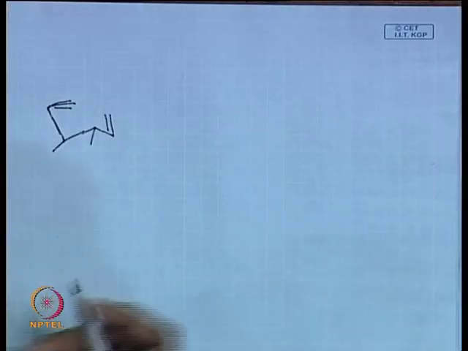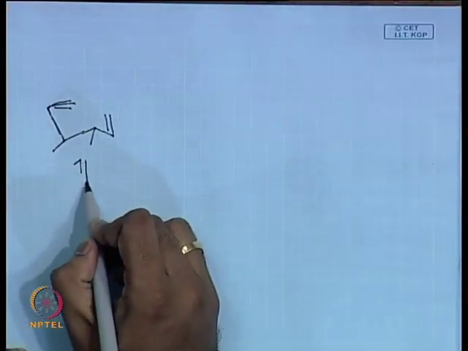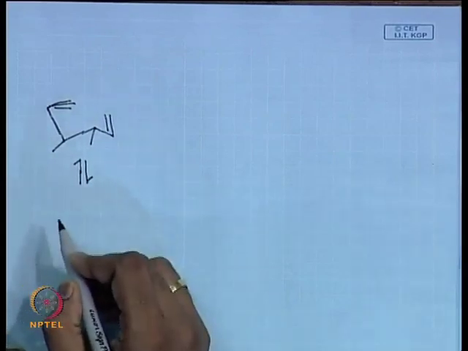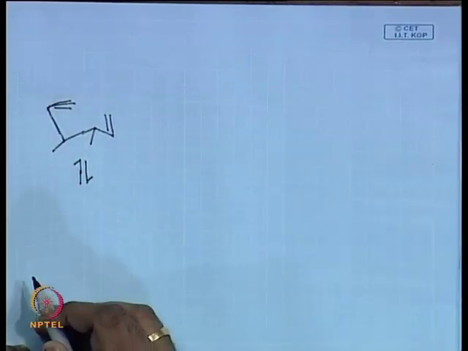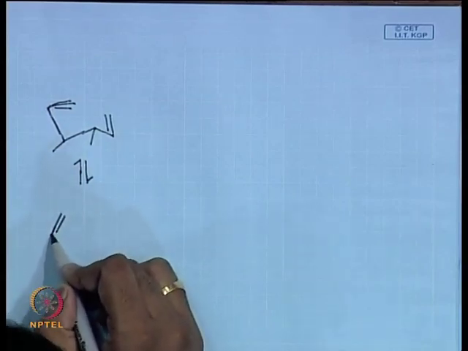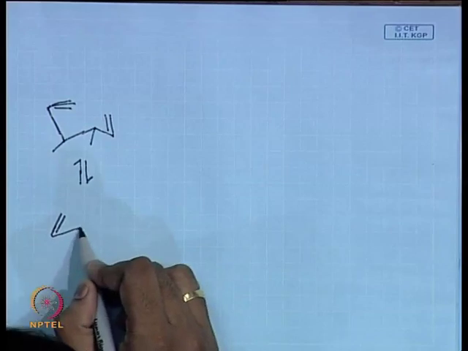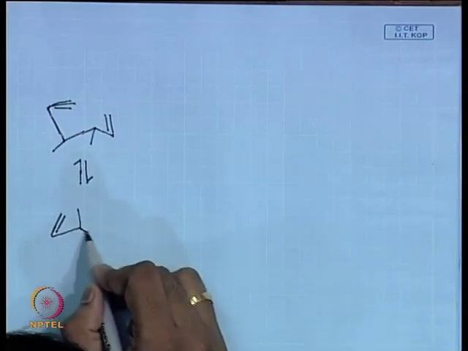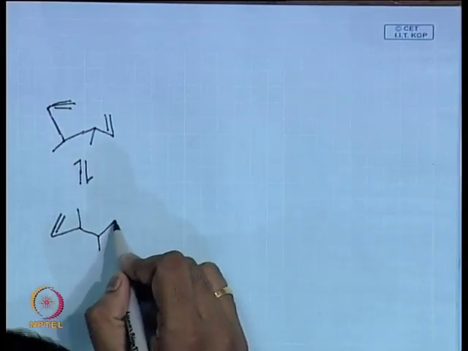I kept two methyls as equatorial, fine. It can exist in another way also. What is the other way? Where two methyls can be axial. Shall I draw that? So, two can be axial.